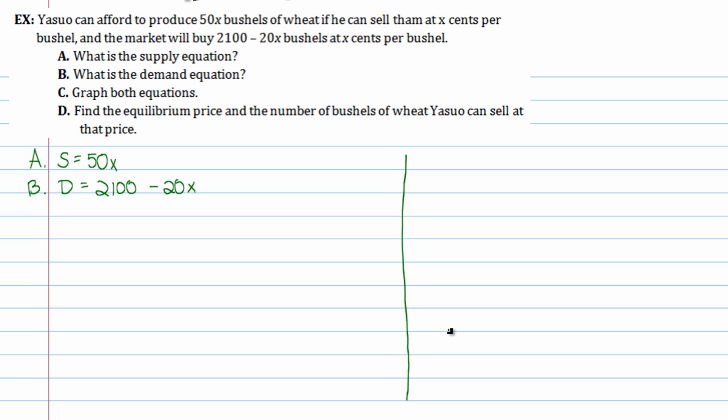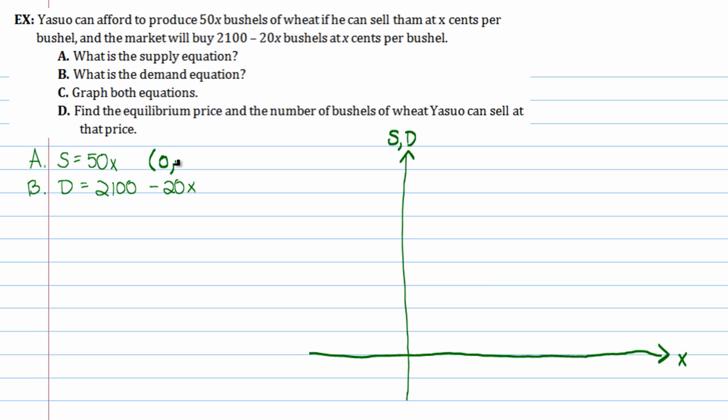Now the problem is I'm graphing by hand, right? And as I've mentioned previously, graphing by hand can lead to really horrible results. My input variable is an x. My output variable is either an s or a d. So I'm just going to put both variables here, and I'll make a table of values for the supply equation.